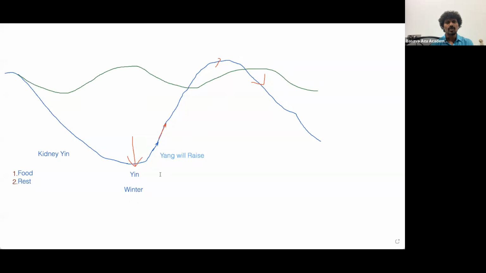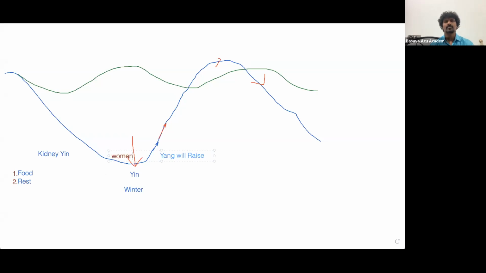Who is having more kidney yin? Men or women? Yes, of course, women.